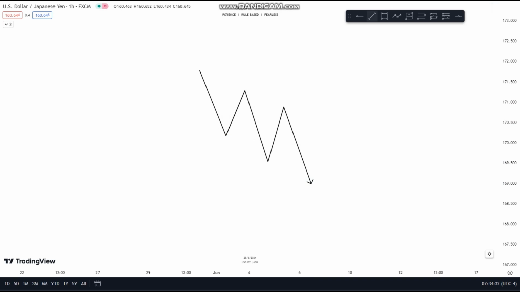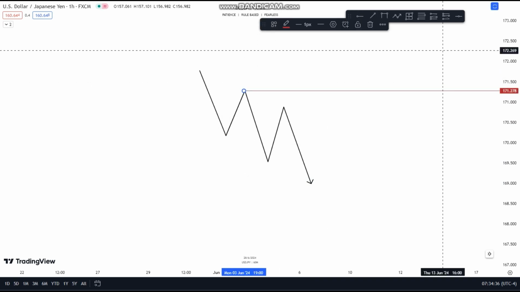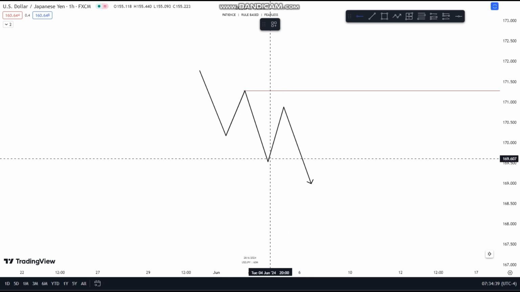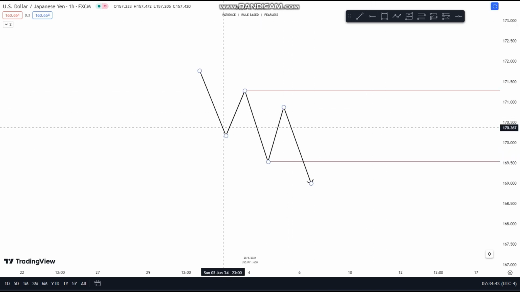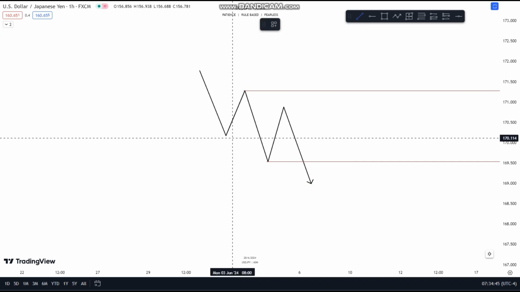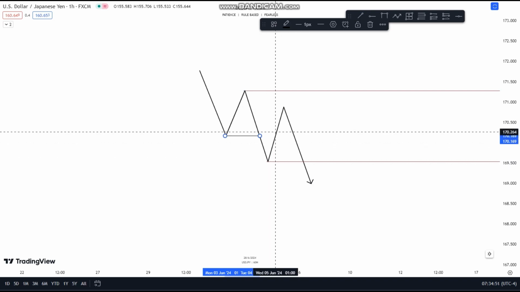So this is it, guys. Same example. You have this range. They broke this structure. Broke structure here.